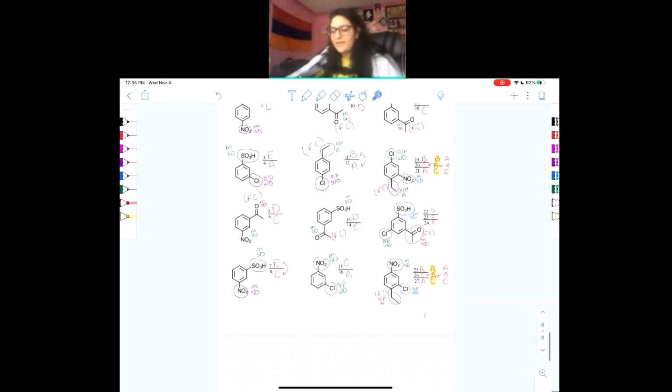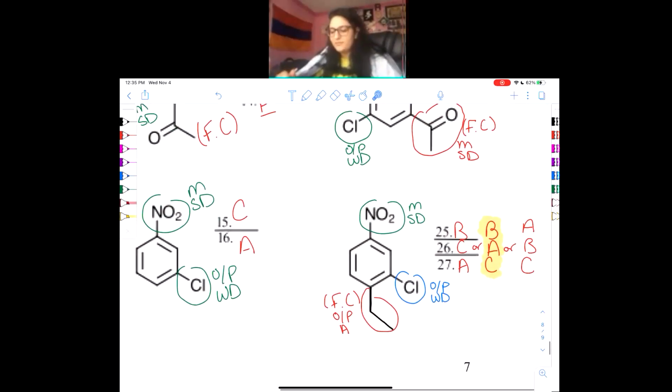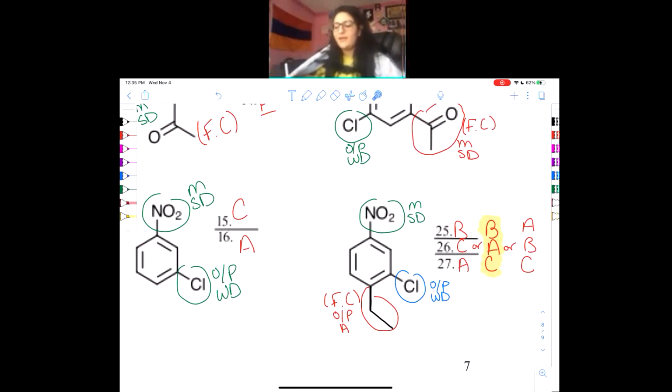The reason we can have A come before B is because chlorine is a weak deactivator and it's ortho-para directing. So if this was put on the benzene ring first, then we can add the R group, and it will be ortho.